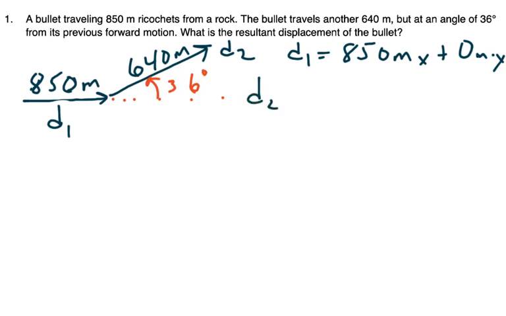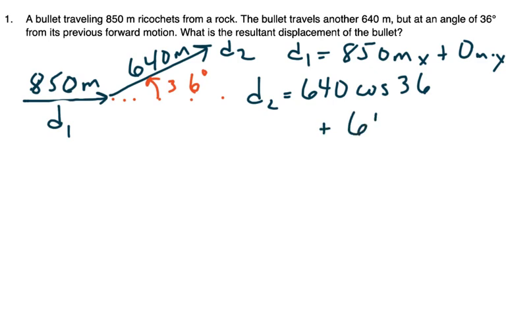The second displacement vector, this is where we have to use our trig functions. So first we want to find our x component. So it's going to be the hypotenuse, 640, times cosine of the angle that's involved, so 36. That gives us our x component.